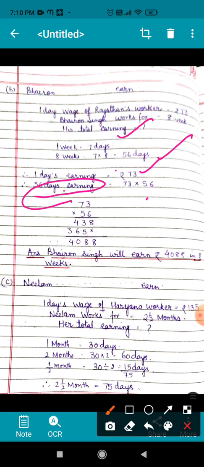For 56 days, Bhairav Singh will earn more, and for more we will multiply. So here you can see I have multiplied both numbers together by standard form. Okay, so when we have multiplied, we get 4088 rupees.